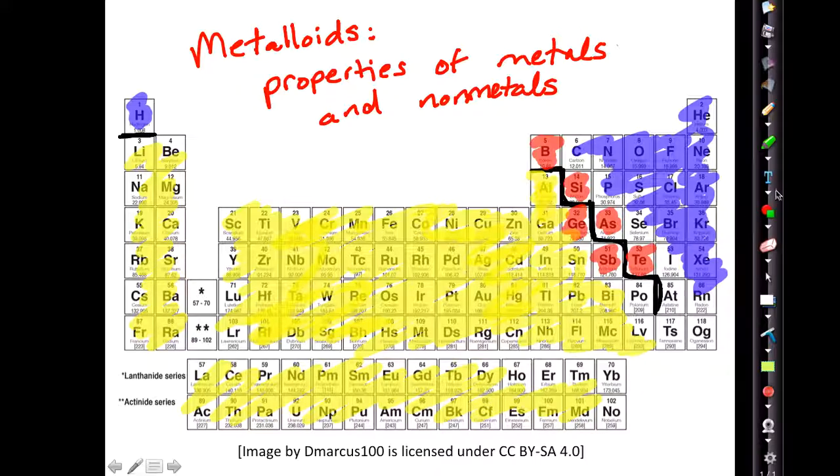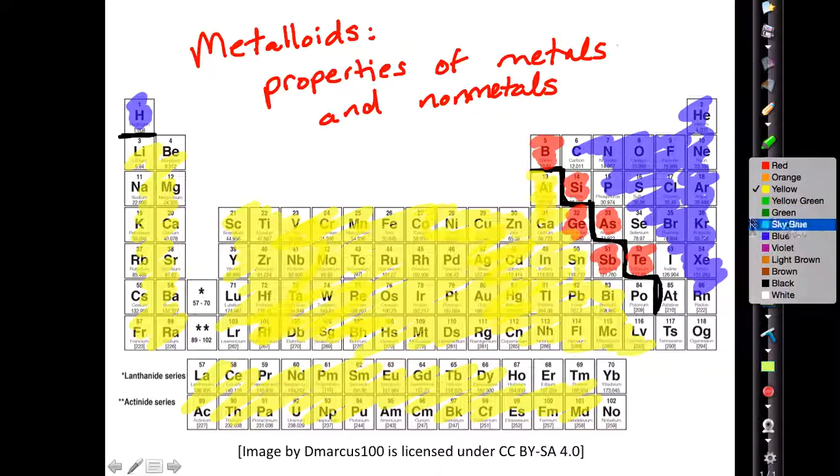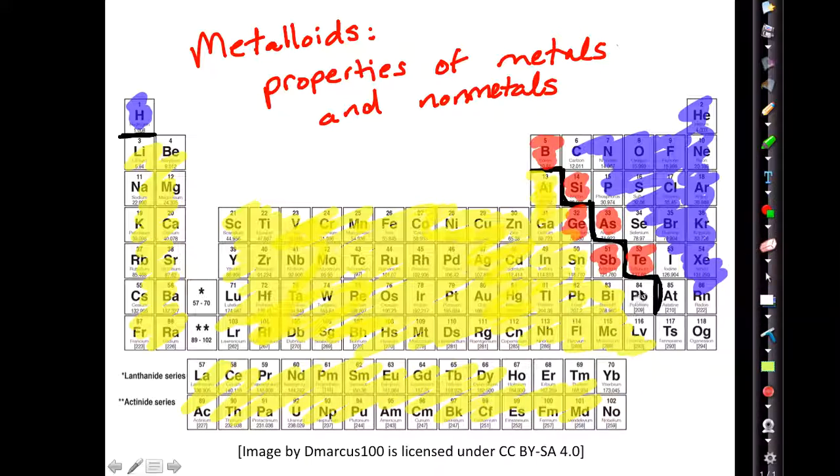That leaves us with 2 elements. Let's do those in a different color down here. Let's go with purple, violet for those 2 down here. So we have polonium and we have astatine. Depending on the source, some textbooks may list polonium and or astatine as metalloids.